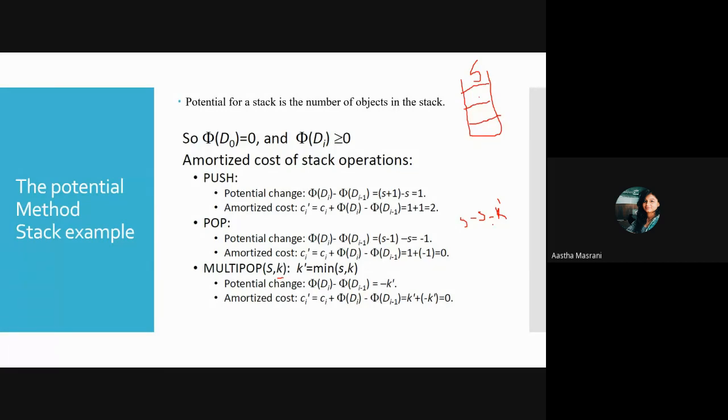So it would be minus k dash. Again, it is in minus. So for multi-pop also it is 0. The amortized cost will be 0.